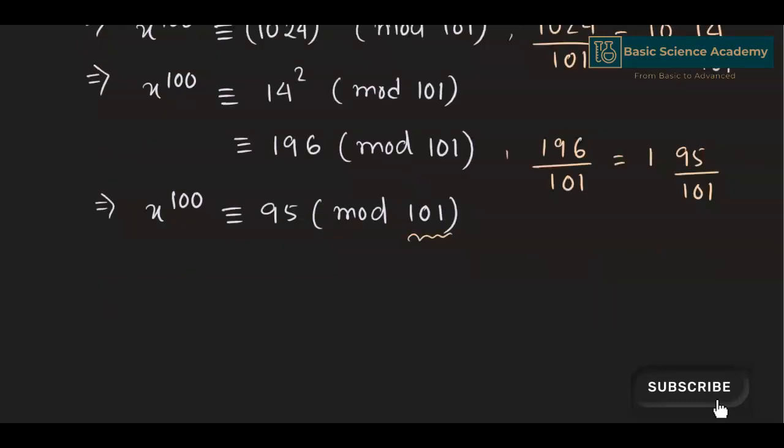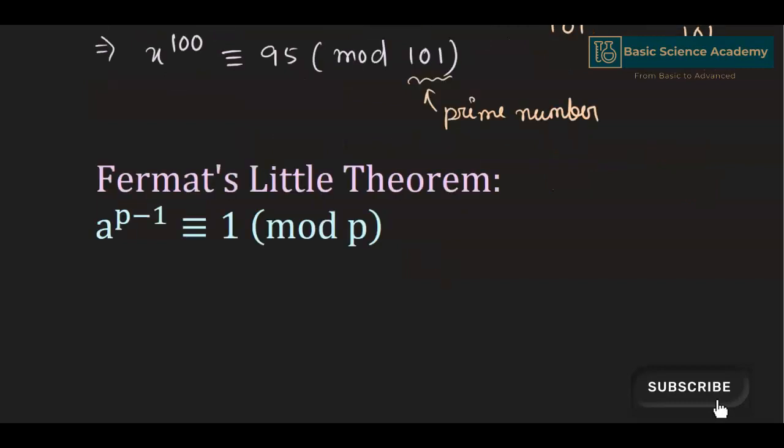Since 101 is a prime number, according to Fermat's little theorem, a to the power of p minus 1 is congruent to 1 mod p, where p is a prime number. For the prime number 101, we have x to the power of 101 minus 1, which is 100, is congruent to 1 mod 101.